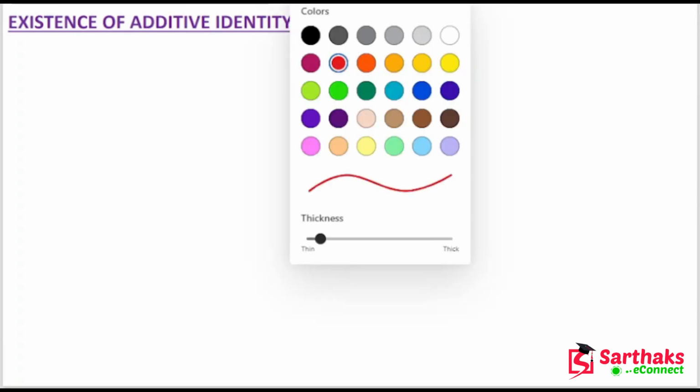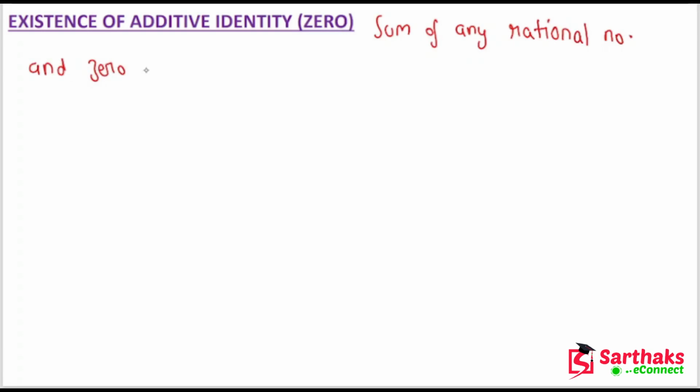It is also a very simple property, and what does it say? It says that the sum of any rational number and 0 is the rational number itself, right?